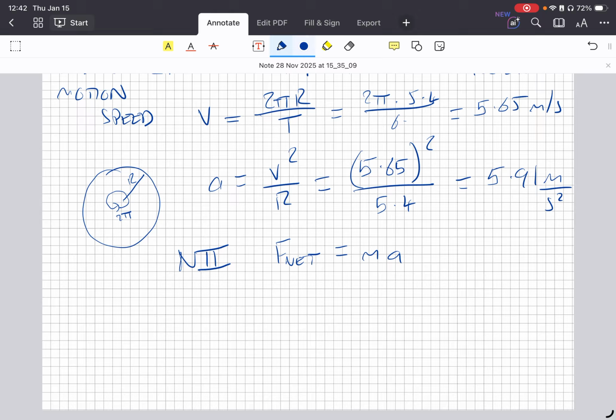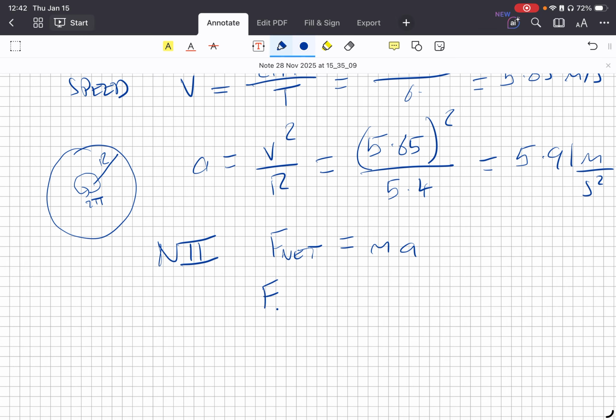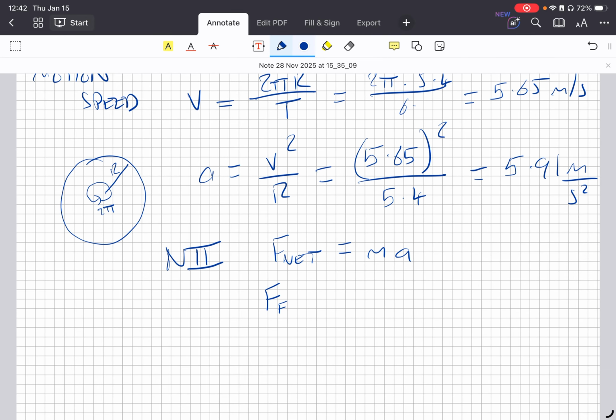So our net force will be the static frictional force, F_f, and that frictional force will be less than or equal to the maximum frictional force that could be applied. If we're right at the limit where the cat is about to start sliding, then this is the force that's acting to stop it sliding. If we're not quite at that limit yet, then we have some other force which is going to be less than or equal to that value.